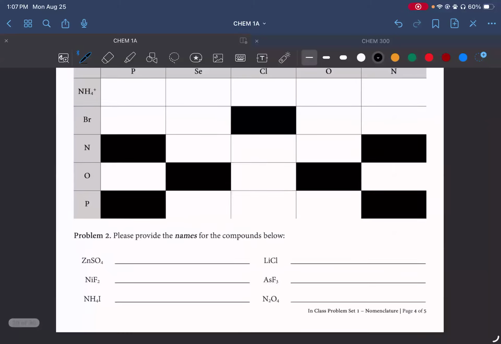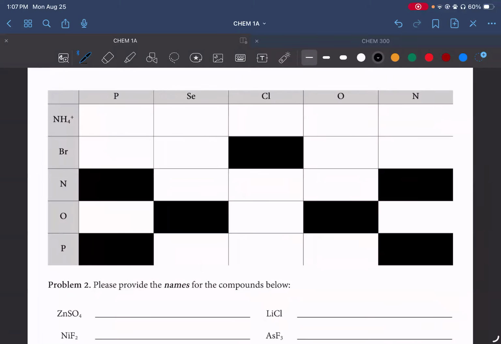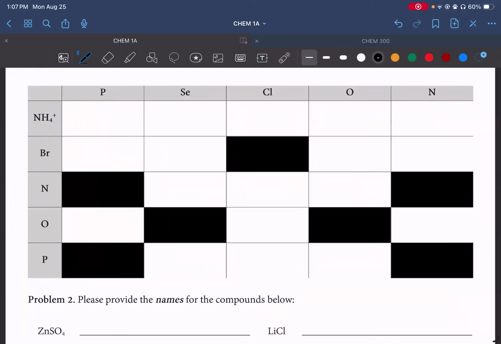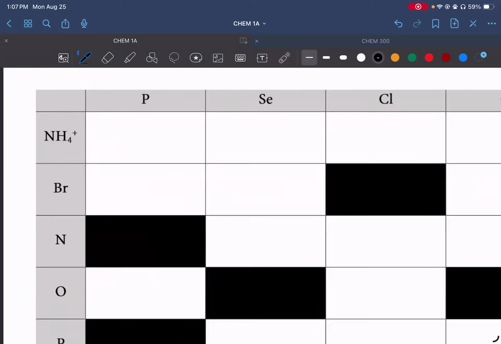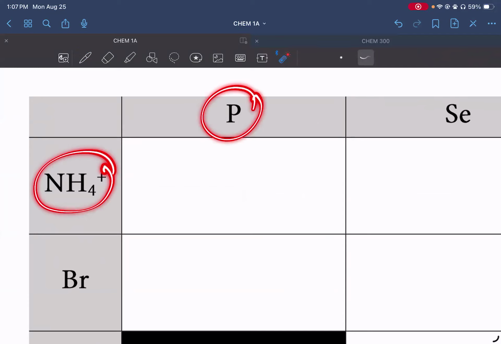All right, let's do a little bit of page 4. No, actually, yes, let's do a little bit of page 4. We're going to do that very first cell. We have NH4+ and P. All right, let's look for where P is on our periodic table.